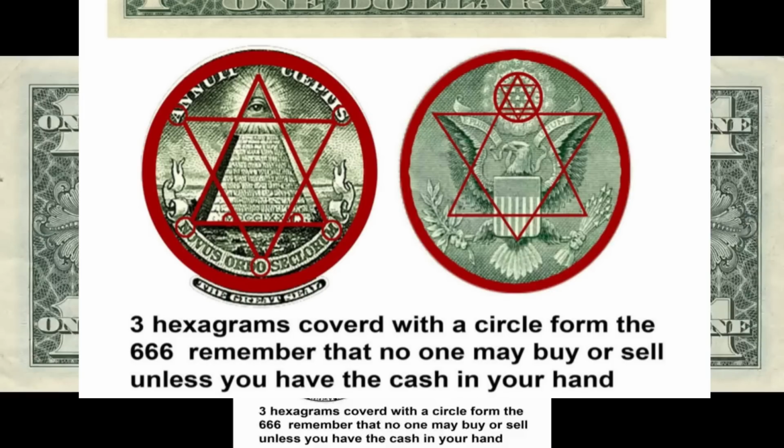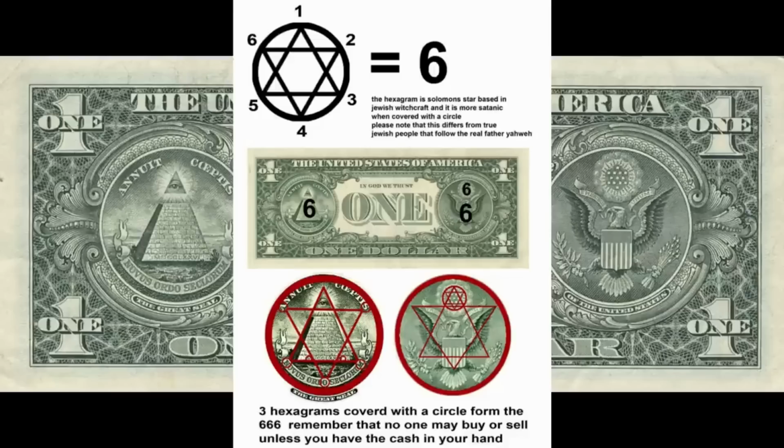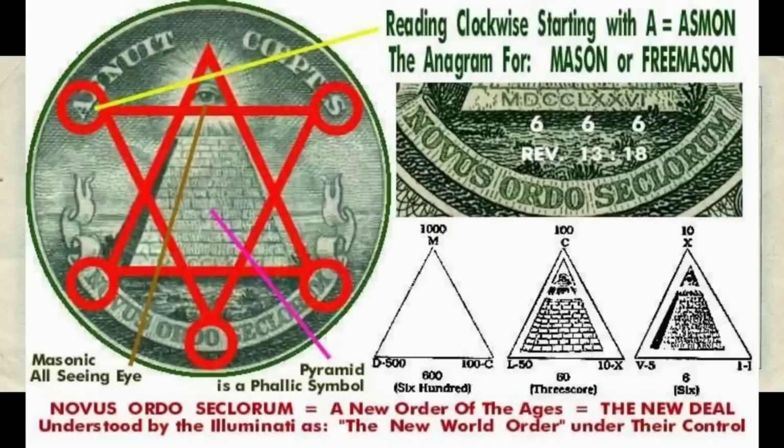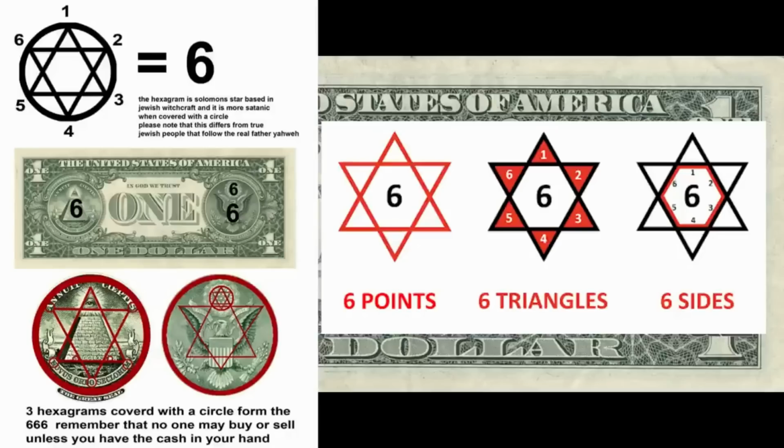So you have 2 hexagrams or 2 sixes. Now, if my premise is correct, there has to be a third one somewhere. And that's found on the other seal with the pyramid. Ladies and gentlemen, all the 13s on the seal with the pyramid form a giant hexagram, and the circle is right around it. You have a 666.